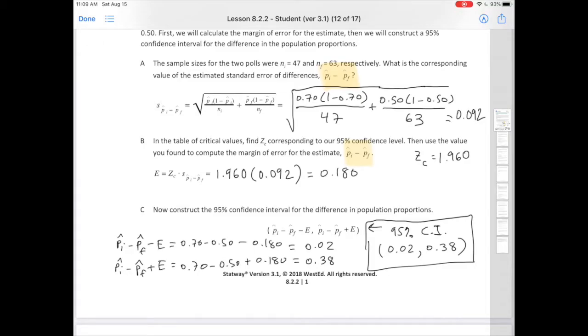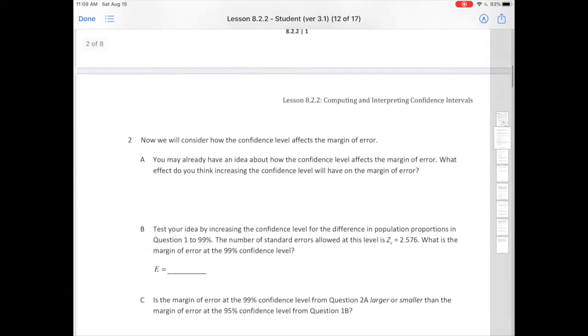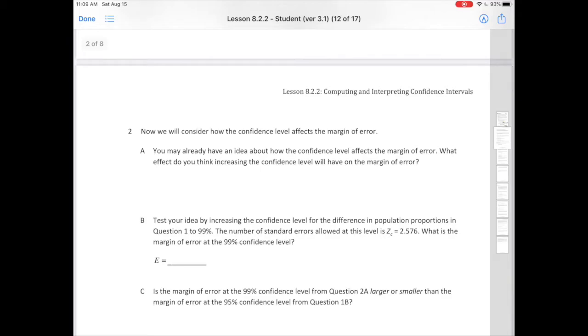Okay, so let's keep going here. Now we will consider how the confidence level affects the margin of error. You may already have an idea about how the confidence level affects the margin of error. What effect do you think increasing the confidence level will have on the margin of error?